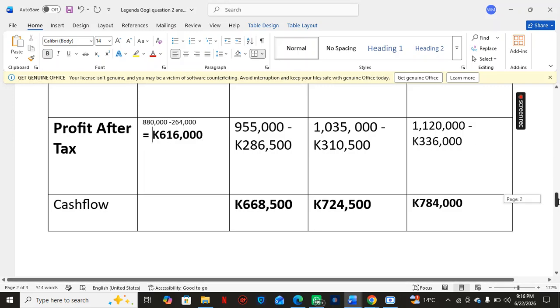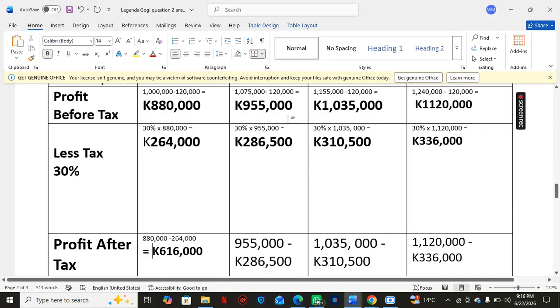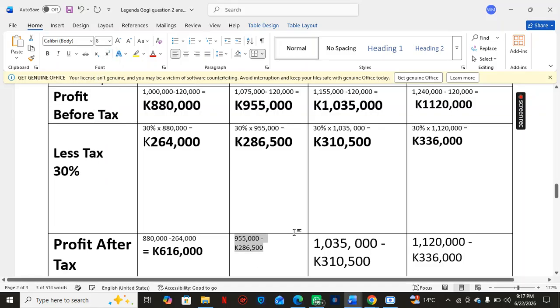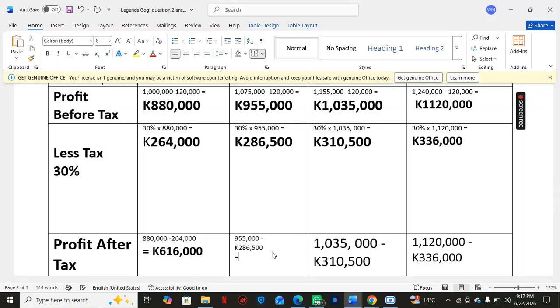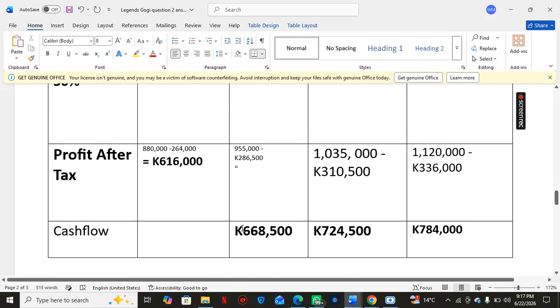Year two, profit after tax. Profit before tax 955,000 minus the tax 286,500, you get 668,500.